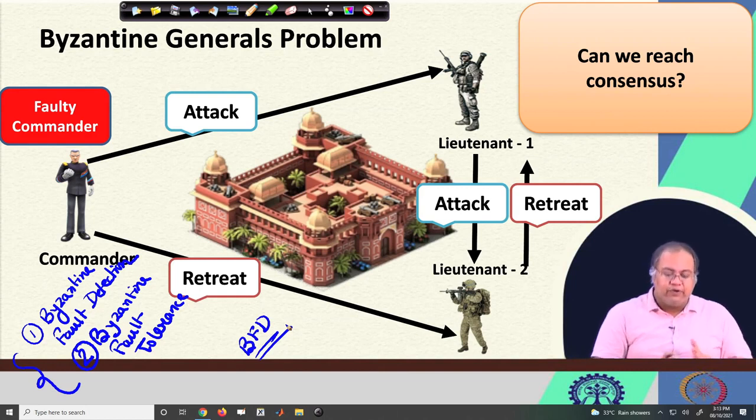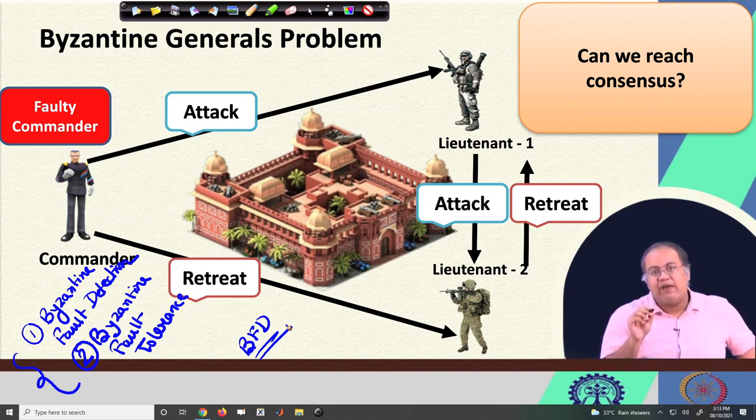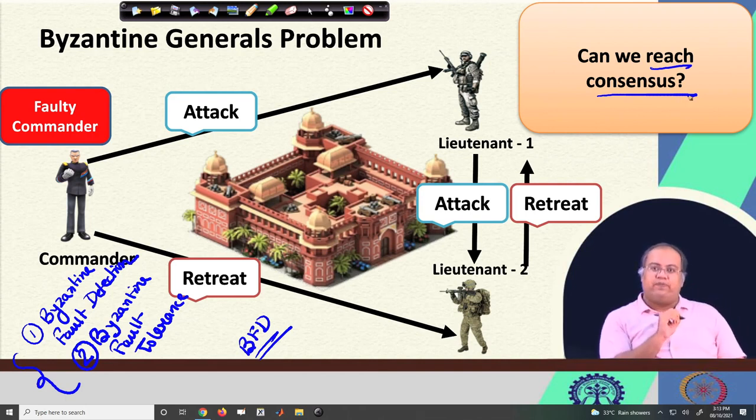So with this particular system, by sharing the message between these two lieutenants, you can detect the Byzantine fault. But the question is, can we tolerate the Byzantine fault? Whenever I say tolerate the Byzantine fault, I mean I would like to reach consensus even in the presence of Byzantine fault.